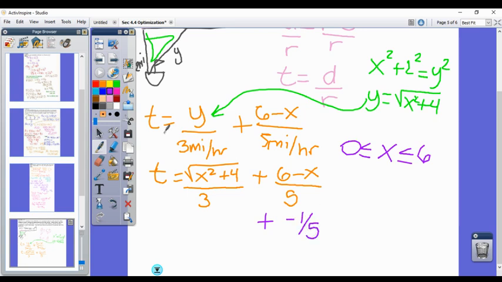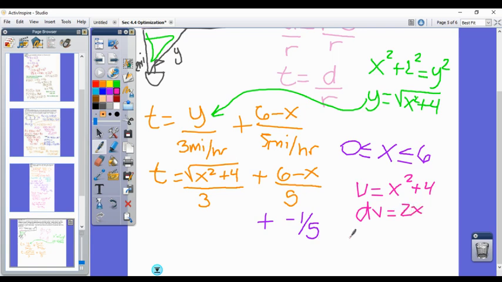And then here with my t, I'm actually going to end up needing to do the chain rule. Okay, so I'm going to do that off to the side here, pink. So we know that u is going to be x squared plus 4. And then we're going to take the derivative of u, which in this case would be 2x.